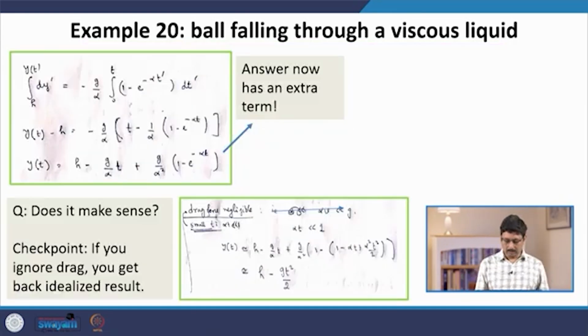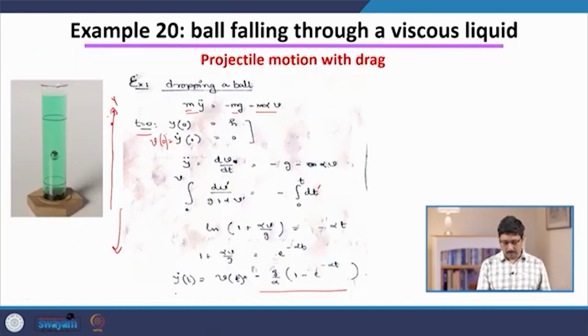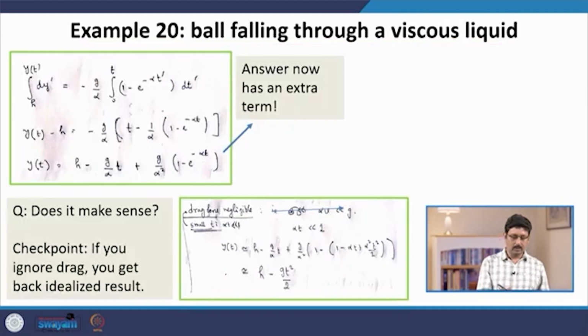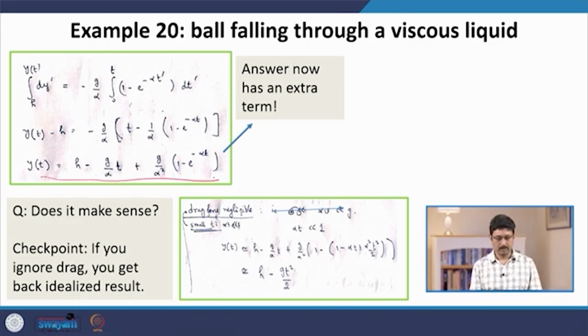Once you know the velocity as a function of time, this velocity is dy dt. So, again you can integrate once more to compute the position as a function of time, and it is also an easy and standard integration, just an integration of an exponential. If you now plug in the condition that at t equal to 0, y was h, then the final answer becomes this.